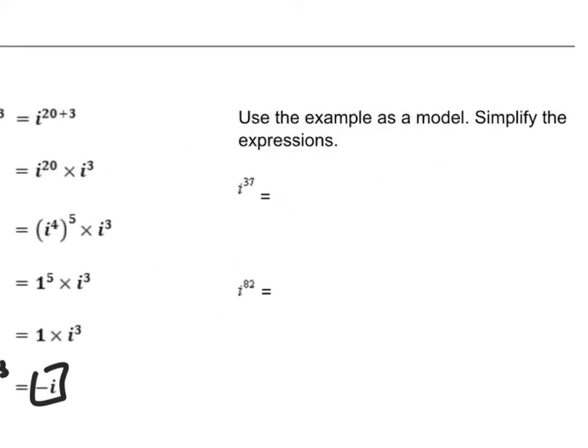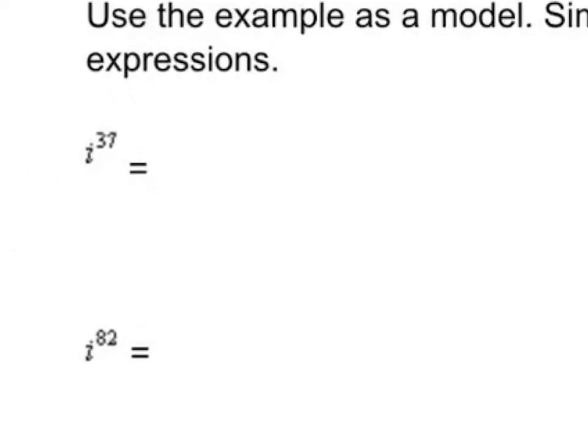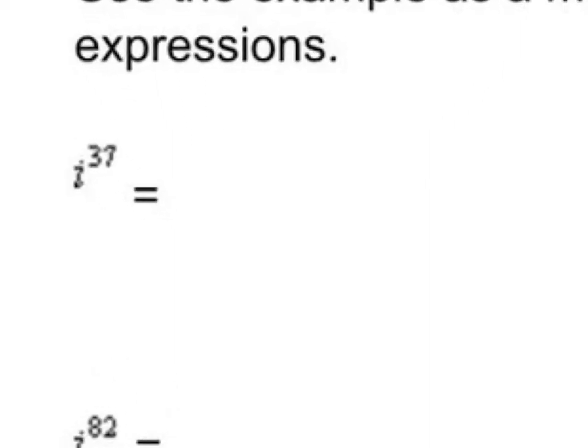So let's take a look at some examples, like i to the 37th power. There's a number of ways of doing this, and I'm just trying to think of the easiest way.